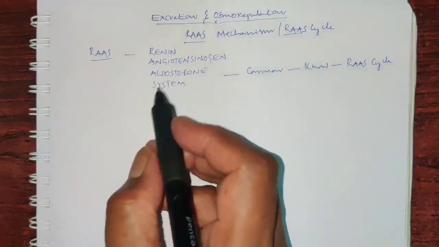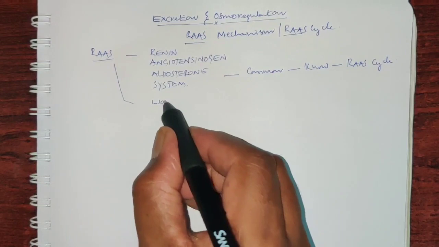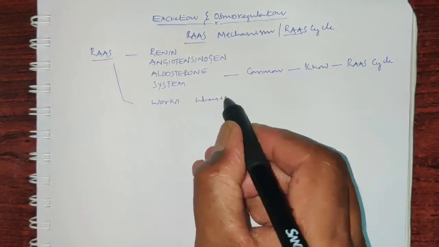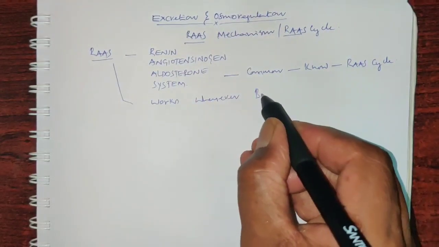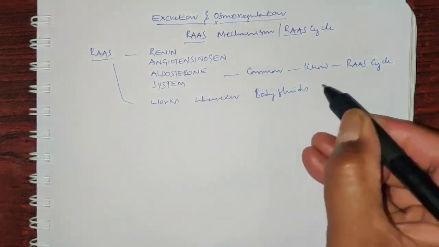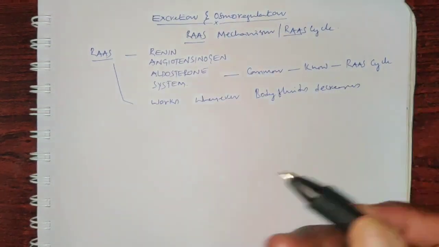The RAAS cycle works whenever body fluids decrease.